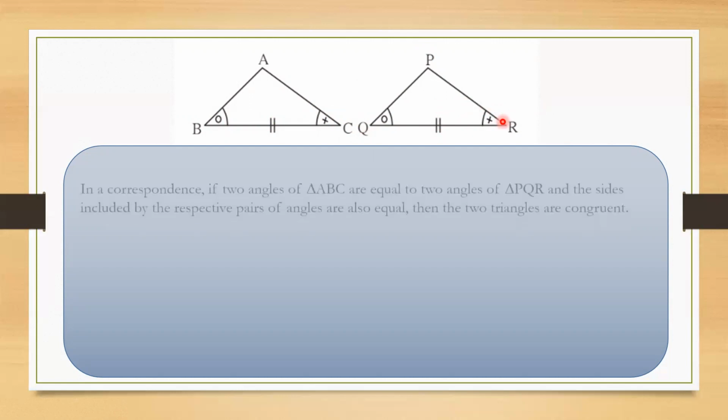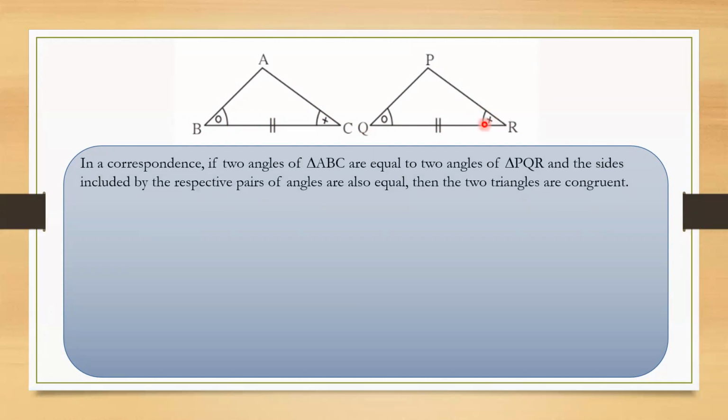Okay, so in a correspondence, if two angles of triangle ABC are equal to two angles of triangle PQR, and if a side is included between those two angles, so between these two angles there is a sandwich of this side, if that kind of condition is there, then only these two triangles become congruent.